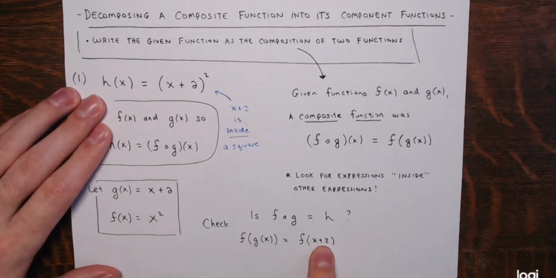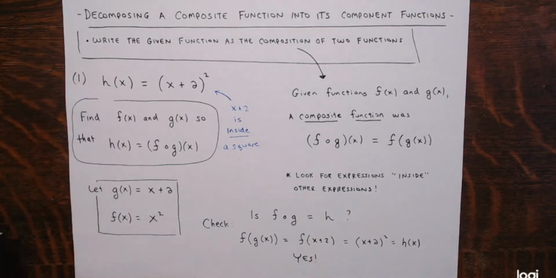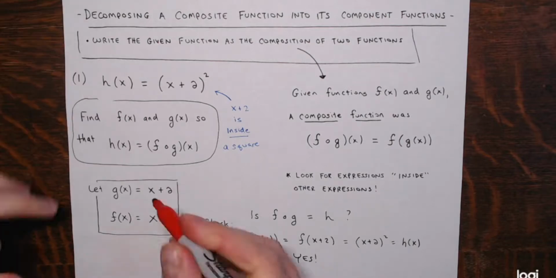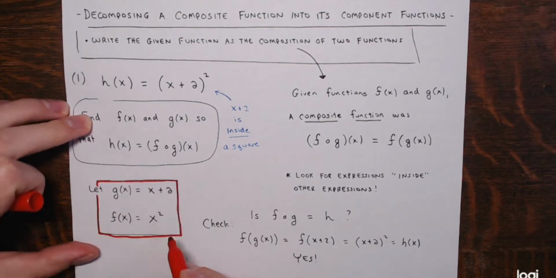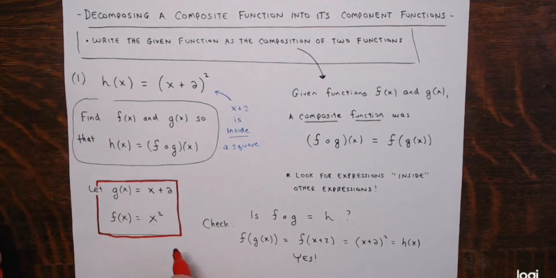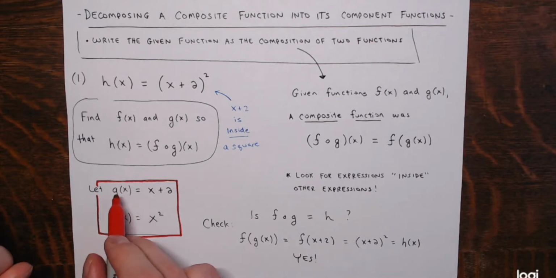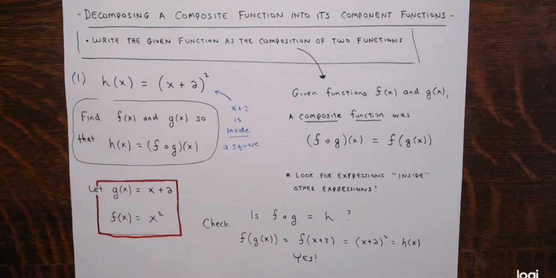Then if I put x plus 2 into f, I get the quantity x plus 2 squared, which is the exact same expression as function h. So yes, what I have here is correct. It is a correct decomposition of function h into two functions f and g. F is x squared, g is x plus 2, such that when you do f composed with g, you get h. And this is all we're asked to do for all the examples here.